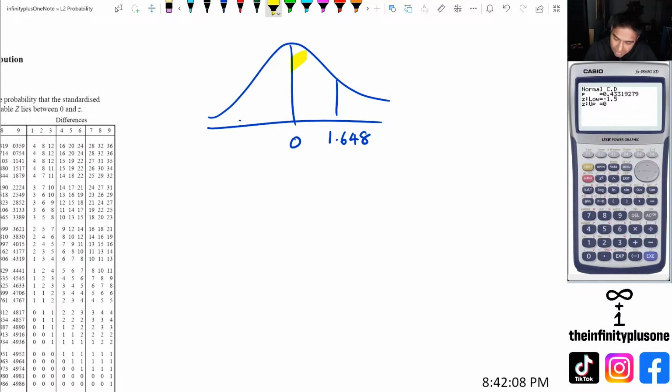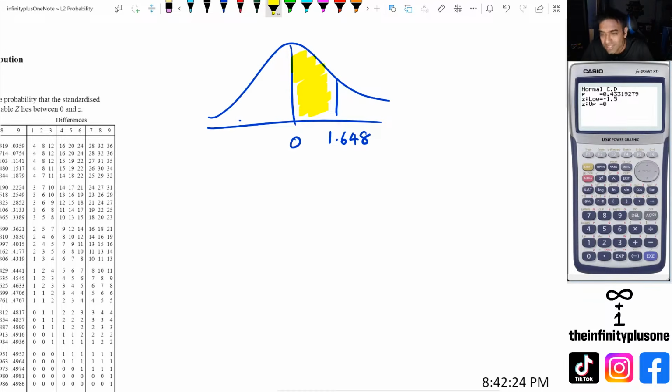Let's say we want to find the area between 0 and 1.648. Now, this is where things get annoying. They're tedious, and this is why I like using the graphics calculator, because it's so much faster. The tables are a pain, I'm going to be honest.